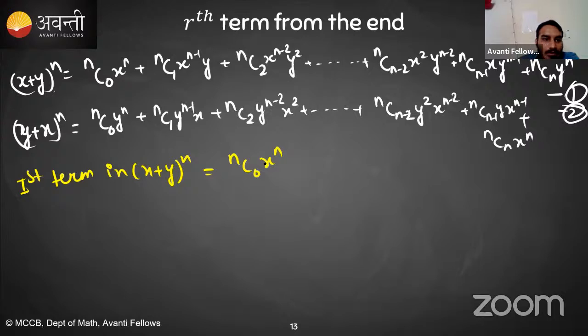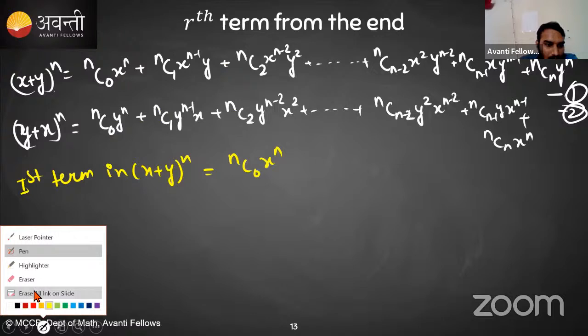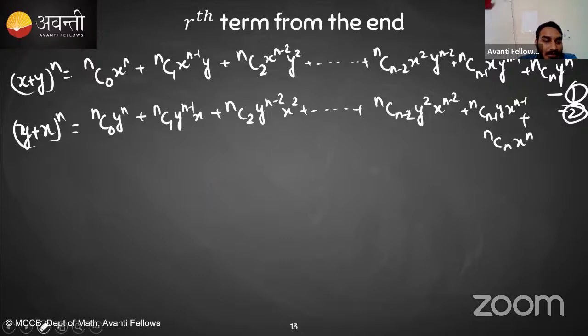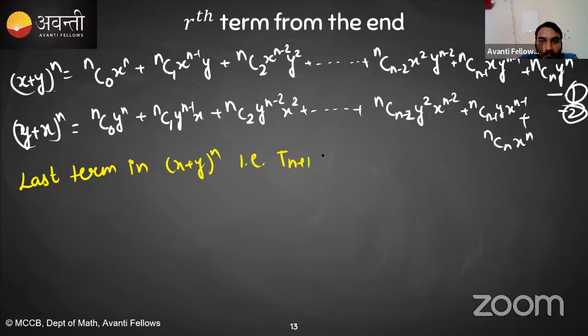Now, what is the last term? I'm interested in the last term. If I ask what is the last term in the expansion of (x + y)^n, that is the T(n+1)th term, which is nCn y^n.